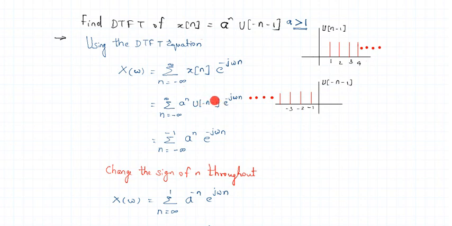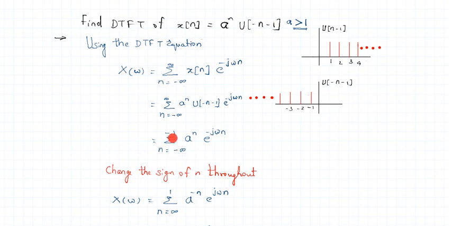u[-n-1], as seen from the plot, now ranges from minus infinity to minus 1, and therefore this unit step signal changes the limits of the DTFT, modifying them from minus infinity to plus infinity to minus infinity to minus 1, because this is the period over which the unit step signal exists.